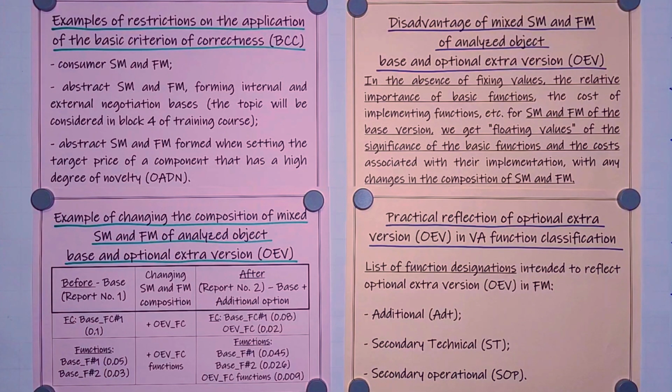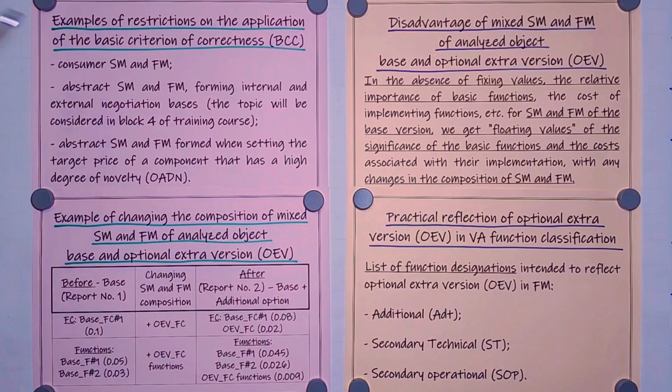When buying a bicycle, motorcycle, or car, the consumer cannot request a list of complete structural and functional model components from the product developer. He has to make a decision based on consumer structural and functional models, related to abstract models, formed on the basis of information available to him.